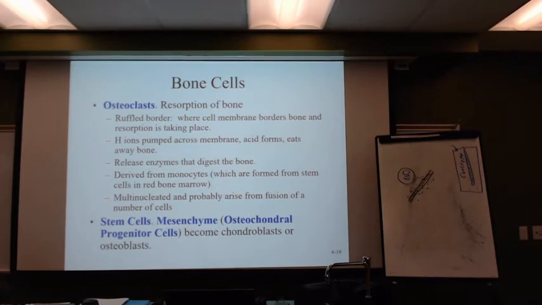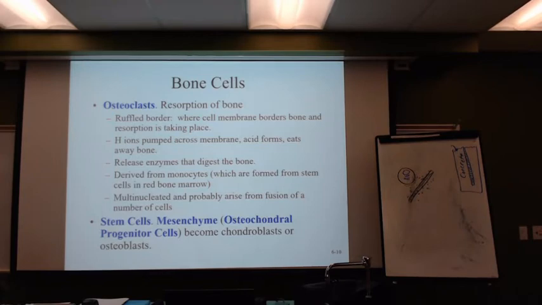Now, this allows for resorption. What does that mean? What does that term kind of bring to mind? Resorption.